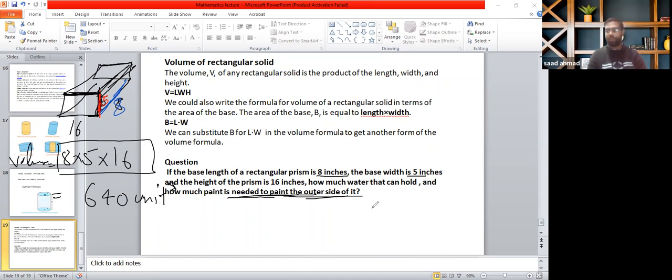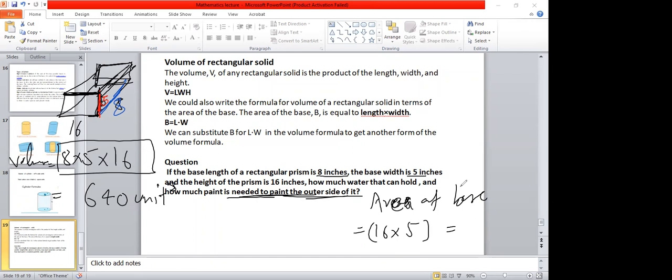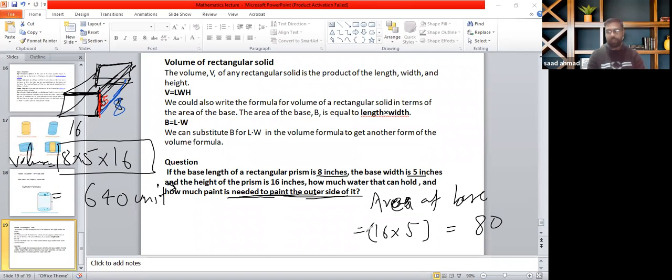Area of base will be 16 times 5, and there are 2 bases, the front and the back. 16 times 5 is 80. Okay, so the area of the base is 80.